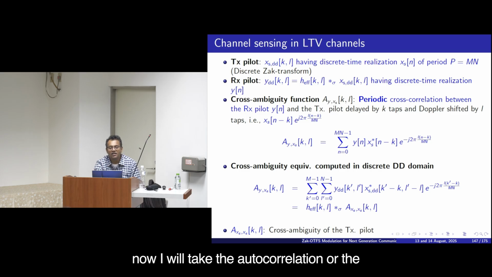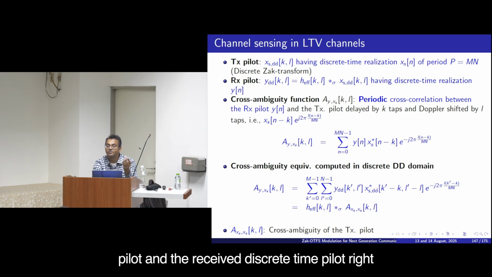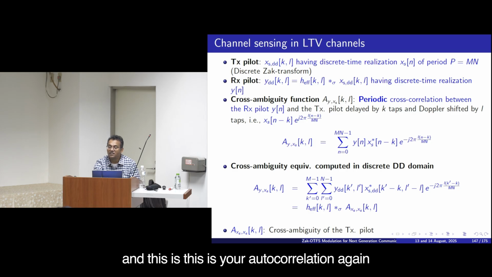And now I will take the cross correlation between this delay Doppler shifted spread pilot and the received discrete time pilot, right? And this is your autocorrelation.